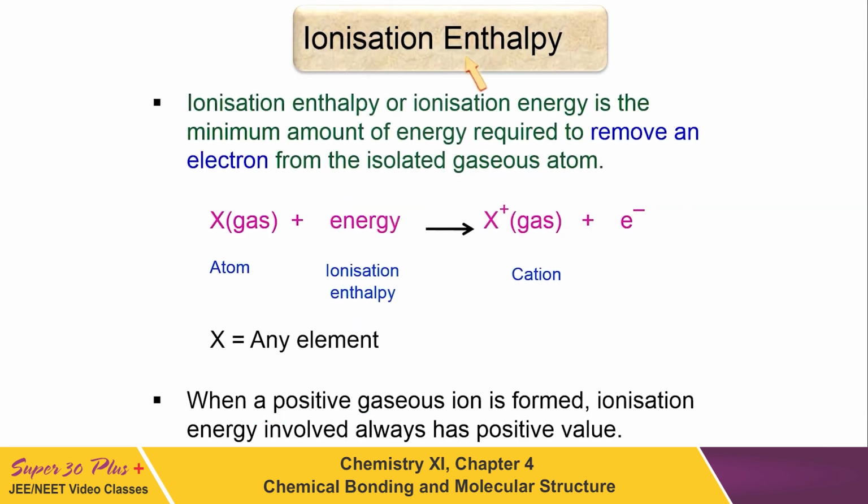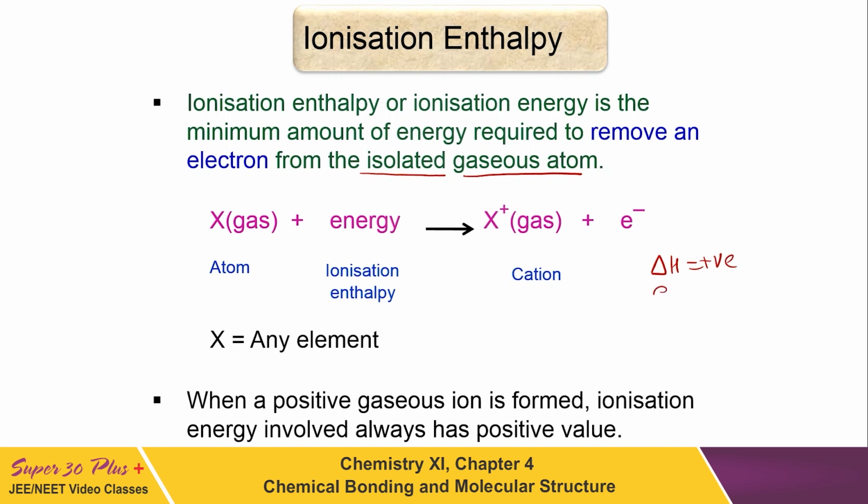So here is the ionization enthalpy. Here is the detail of the ionization enthalpy. Like I told you, ionization enthalpy or ionization energy is the minimum amount of energy required to remove an electron from the isolated gaseous atom. So like I said, it is the absorbed energy. Here delta H is positive.